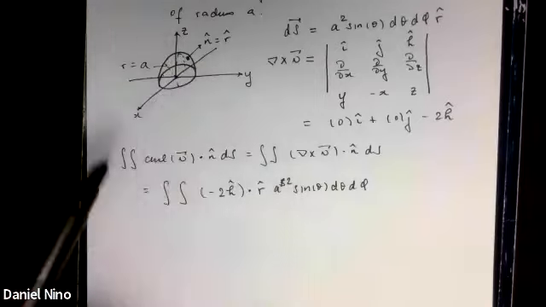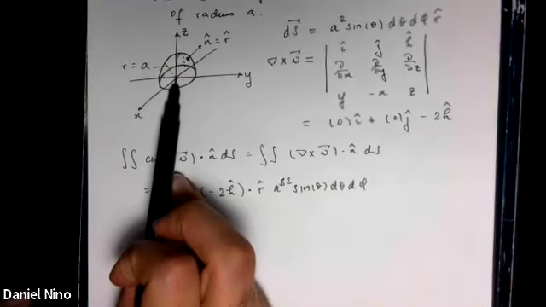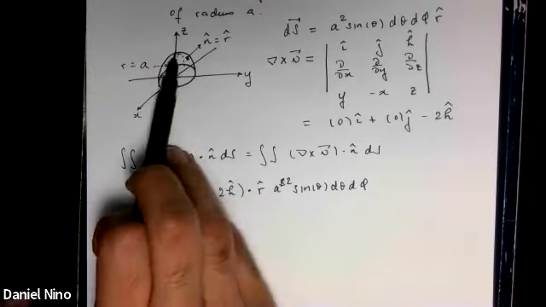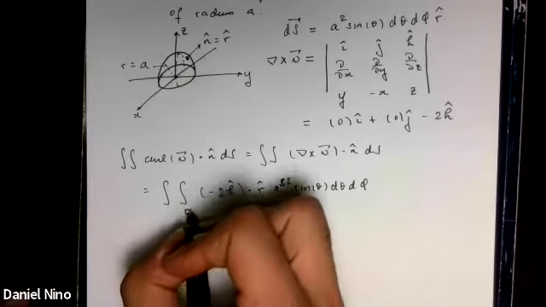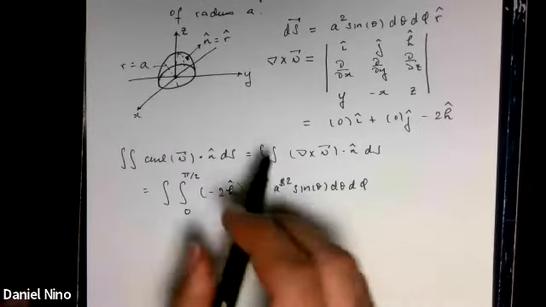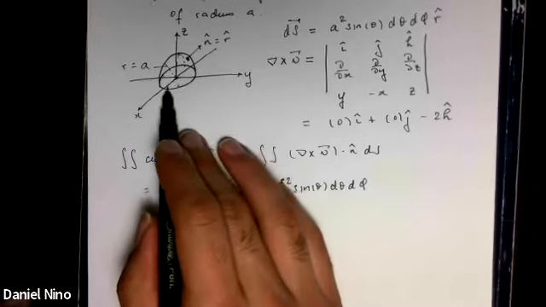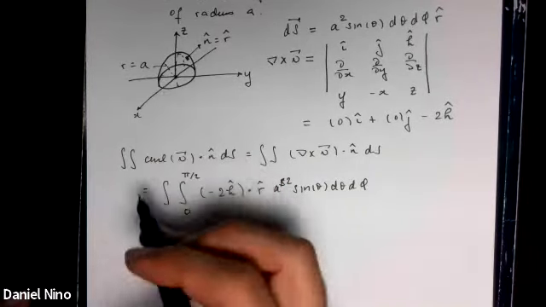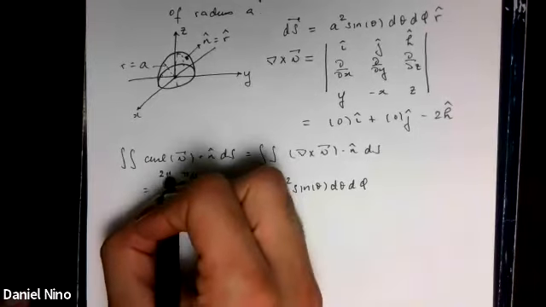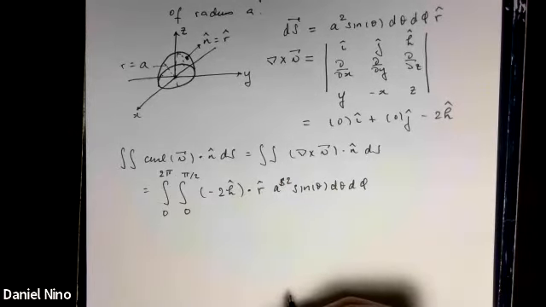For the limits of integration, our azimuthal angle, remember, goes from positive z all the way to negative z. In this case, because we're only looking at half of the sphere, it'll only go from 0 to half of its range, so pi over 2. Our polar angle goes from 0, and it has to go all around the entire base of the sphere. So it goes over its entire range, 0 to 2 pi.